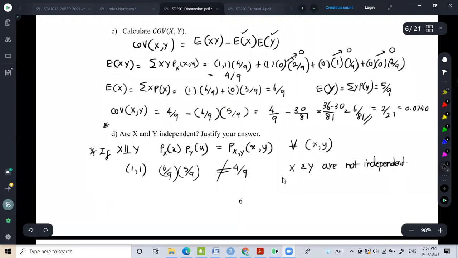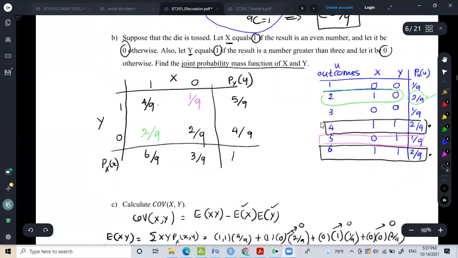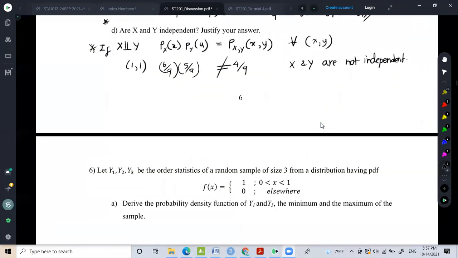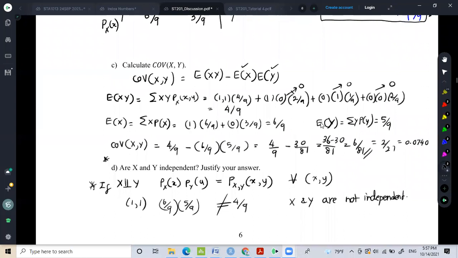The first time you get this inequality for a certain pair, from there you can say that X and Y are not independent. But if they are independent, all four pairs should satisfy this condition. Right, so that was one question. Is it clear to all of you?